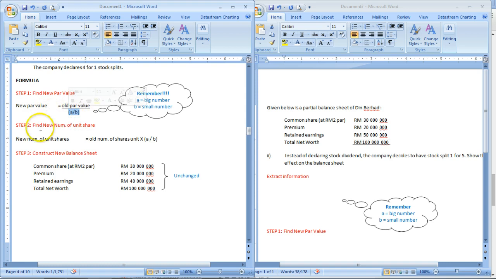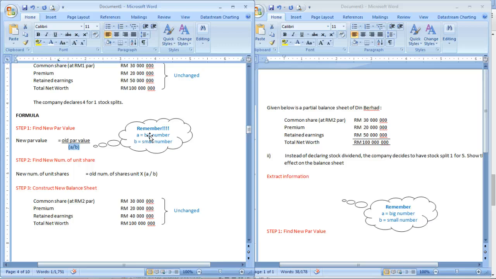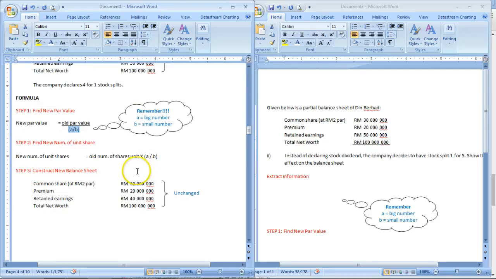Then you can calculate the new number of shares in units. Why use this formula? Because when you split the stock, you will increase the number of shares in units and construct a new balance sheet, and your par value will reduce.